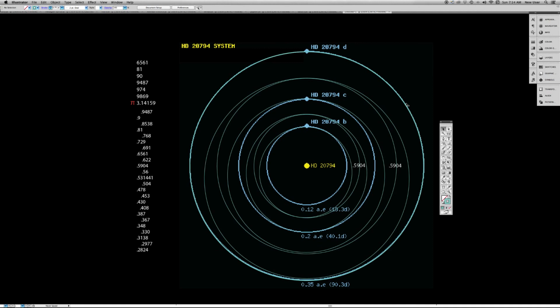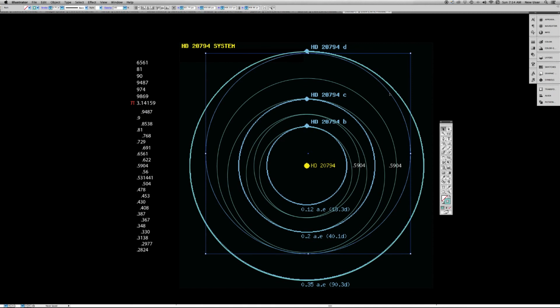Which gives me quite a tight circular arrangement. But other things can be done. I move that to there. Move that to there.